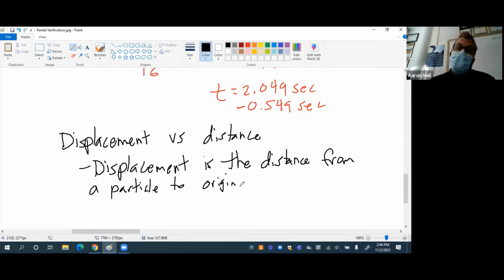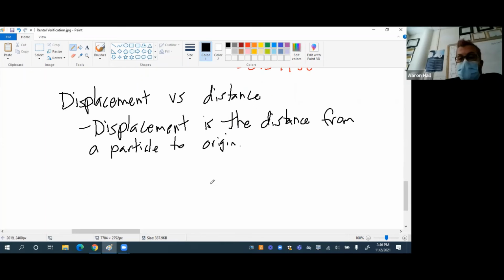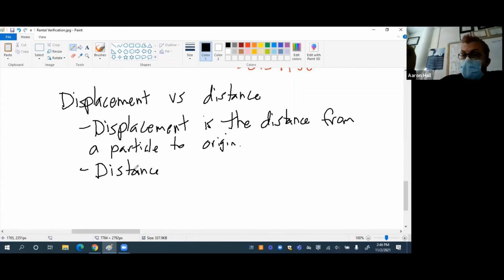So does your odometer in your car measure displacement or distance? Distance, yep. So displacement is the distance from a particle to the origin, and distance is the actual distance traveled. Distance is the total amount traveled.